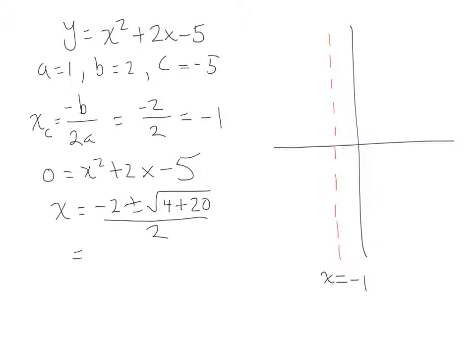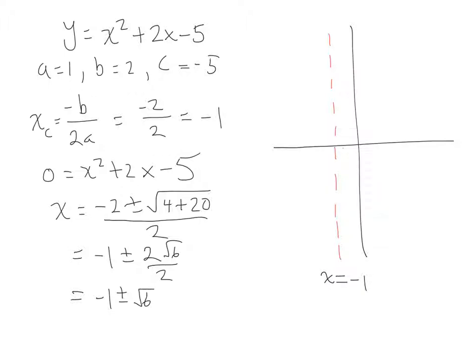So that's going to give us x is -1 plus or minus root 24 over 2. Root 24 can be simplified to 2 root 6, so this is 2 root 6 over 2. And so that's going to give us our roots at -1 plus and minus root 6.